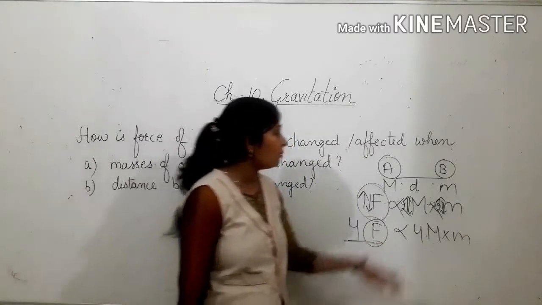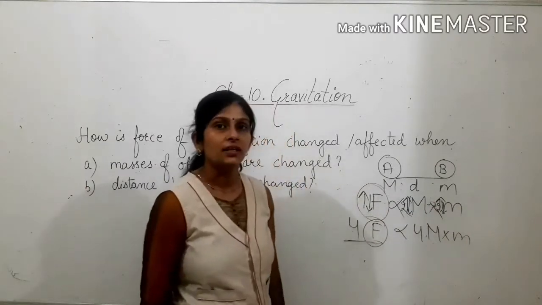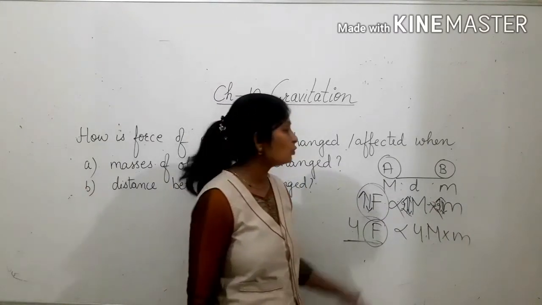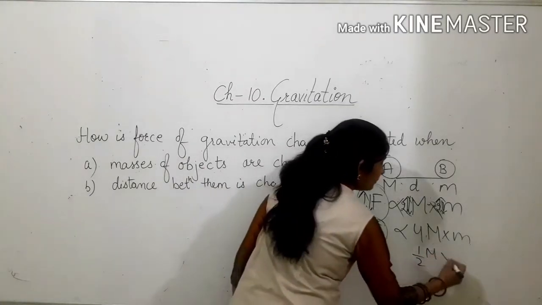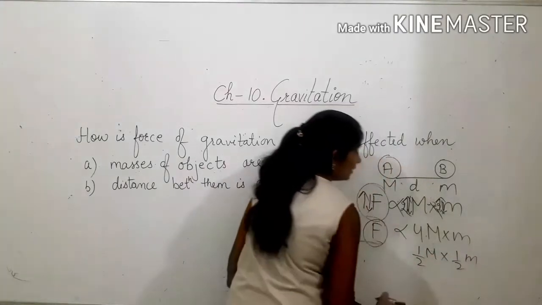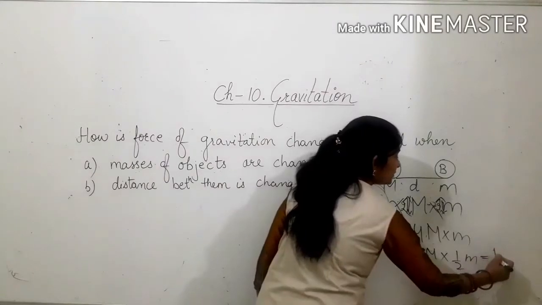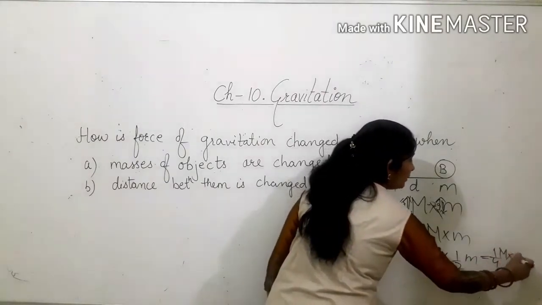And if masses of both objects are reduced to half of the former value, half M into half m, then its product is 1 upon 4 M into m.